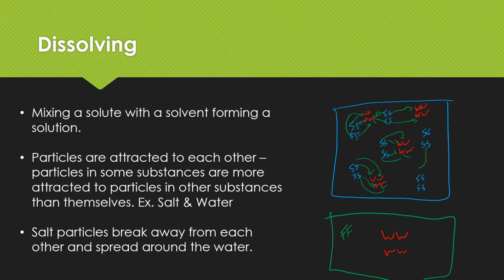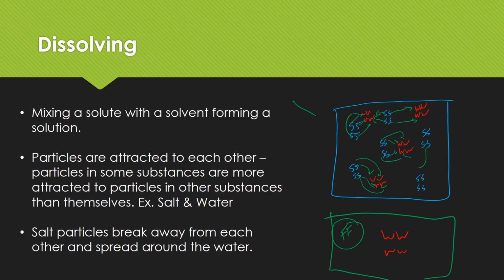It was like, I don't want to go there. I'm going to stick around with my flour particles. They weren't attracted to the other particles, so they stayed together, which is why they didn't dissolve. That explains why some things can't dissolve or don't dissolve in certain substances, because the particles aren't attracted.